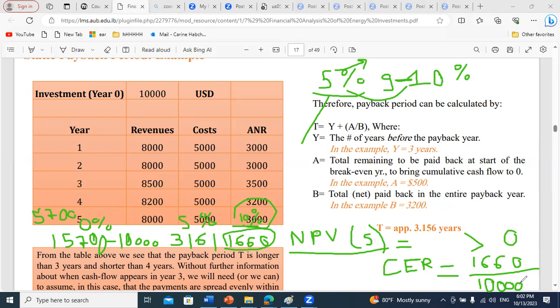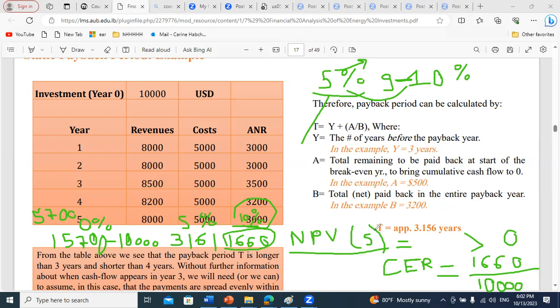If I just gain 16% of my investment after 5 years, it might be acceptable, okay? But the larger the period of your project, the more you will expect to gain.